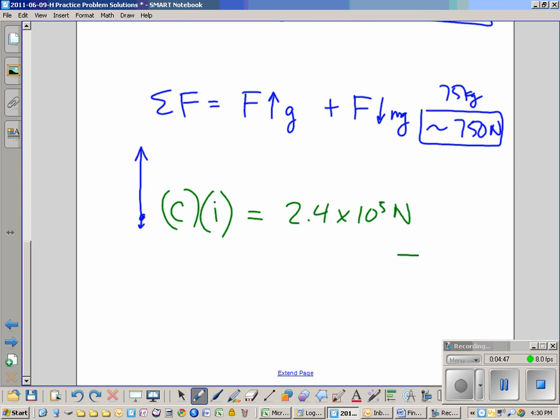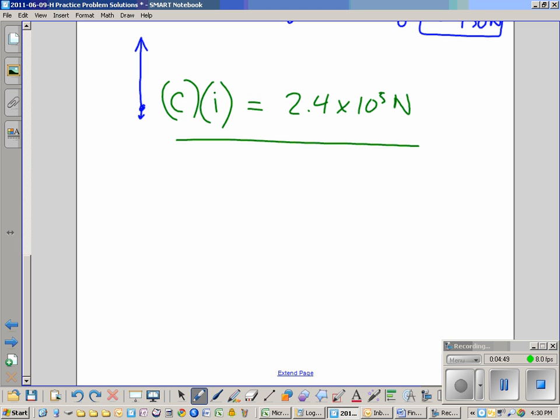But now if we do it the other way, and we've got 4,800 newtons here, and 750 newtons pointing down, again, that's still just an estimate. I'm sorry, this is the net force. So we're trying to find the force exerted by the ground right here.